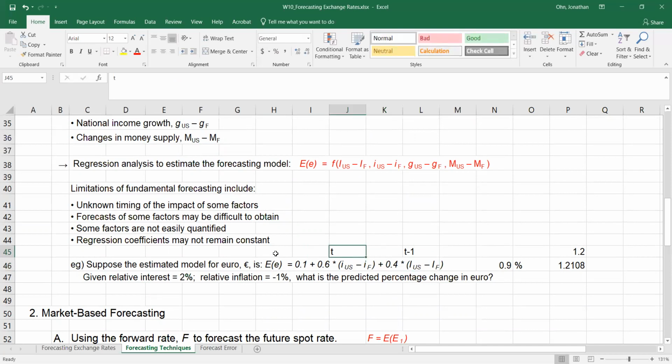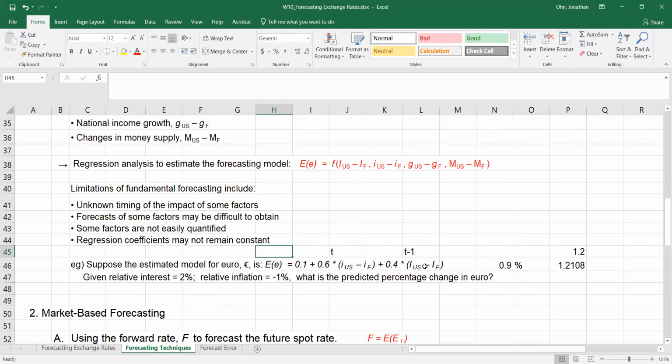And then in the forecasting model, the expected percentage change in the exchange rate, look at this one here. The current relative interest rate has impact sooner, but this one is T minus 1. So we use a lagged variable.